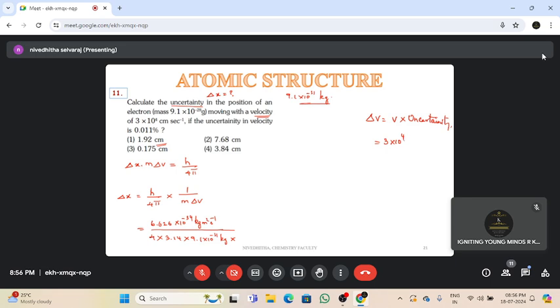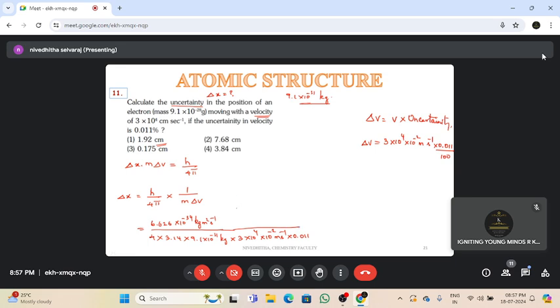I asked you to write in meter, right? So centi is 10 power minus 2, meter second inverse, into its uncertainty, 0.011%, so divided by 100. I'm just substituting all those values instead of delta v here. So 3 into 10 power 4 into 10 power minus 2 meter per second into 0.011 divided by 100.